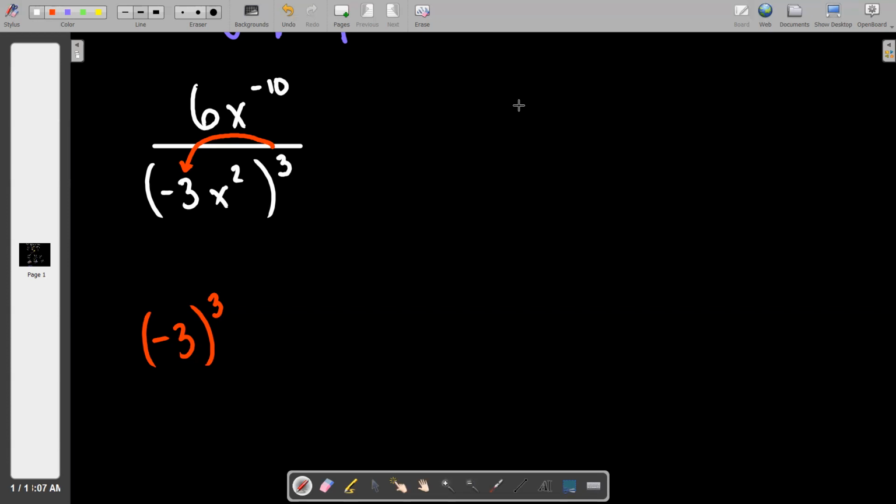On top, I'm still just going to leave my 6x to the -10th. And on bottom, I am now going to start building this. It is -27. And how about this green arrow? What is x to the 2nd to the 3rd? X to the 6th.